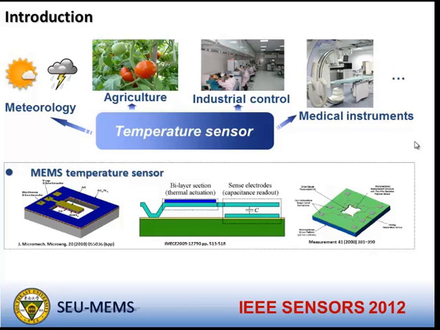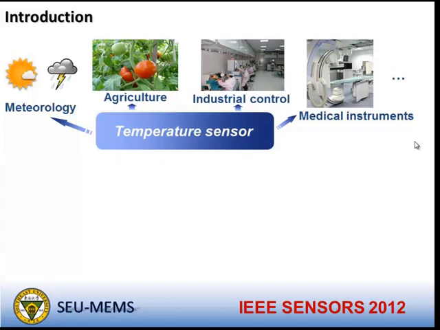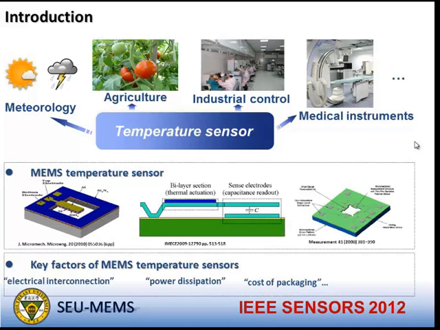For example, it can be used for temperature compensation of other sensors. The key factors of a MEMS temperature sensor are the electrical interconnections, power dissipation, and the cost of package.